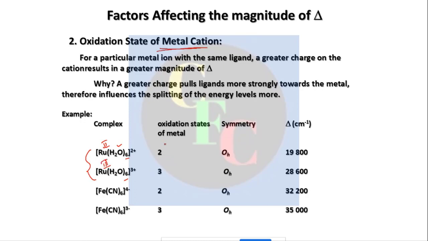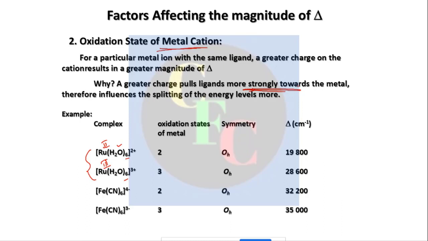So the higher the oxidation state, the higher the crystal field splitting. Why? The explanation is very simple: the greater the positive charge, the greater the pull. The ligands will be pulled more strongly toward the metal, and they will interact more with the metal orbitals.